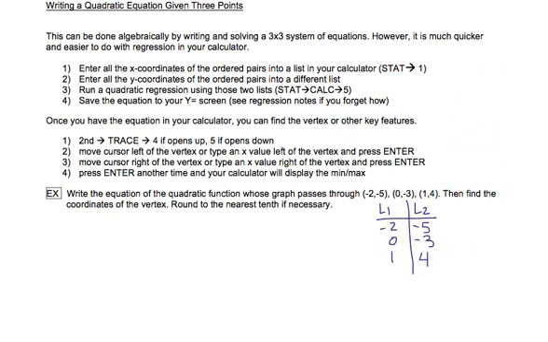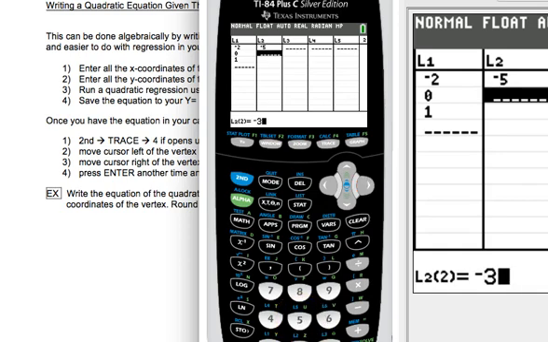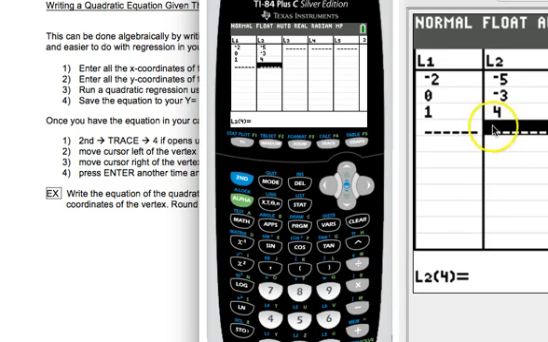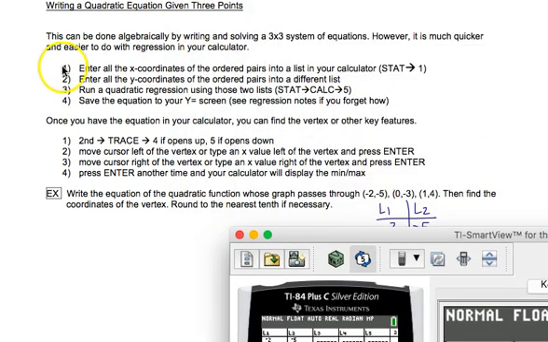So don't try to put your lists in numerical order or anything like that necessarily, because they do have to be paired correctly. So -5, -3, 4. So -5, enter, -3, enter, 4, enter. So I have now done step 1 and step 2. I've entered all the x coordinates, I've entered all the y coordinates.